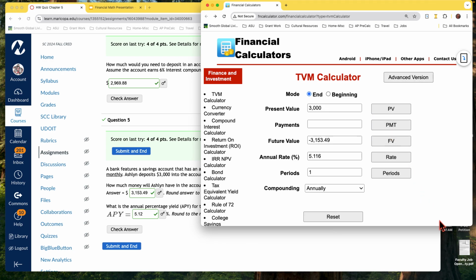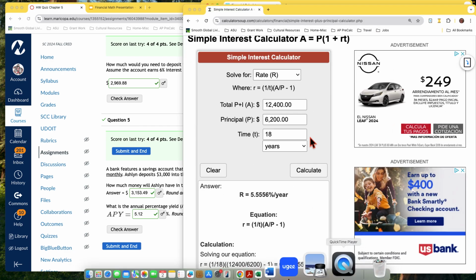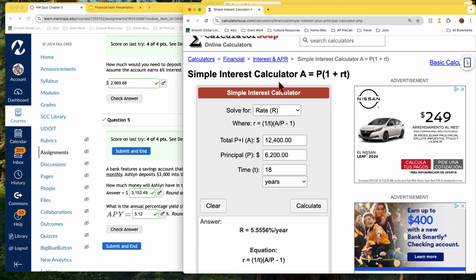The simple interest calculator. So this, the TVM, is for everything except simple interest. This one, it will say at the top, simple interest calculator. So it will have to say simple interest. And that's a good question, because actually most things in our world are not simple interest. They used to be before computers, but now with computers, just about everything is compound interest.